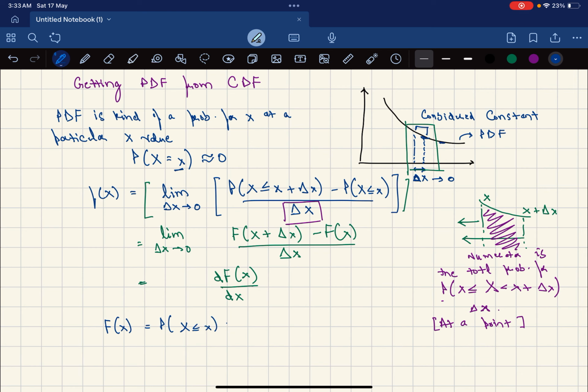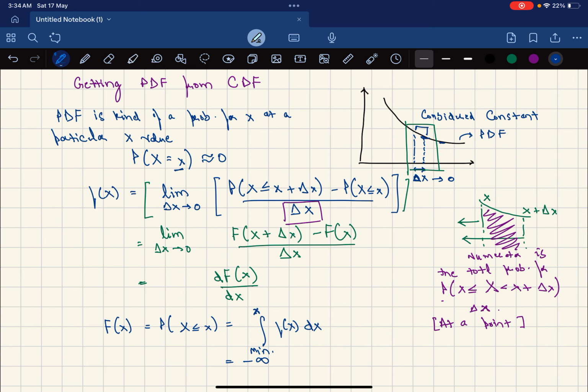Another way to look at it is, if you remember, we were calculating the CDF, P(X less than or equal to x), as the integral of f(x) dx from the min value, or you can call it minus infinity, to x, any x value. So we are integrating the PDF to get the CDF, and therefore we just need to differentiate the CDF to get the PDF back, because derivative is the opposite of integration.